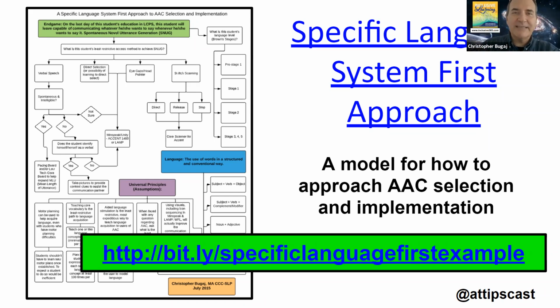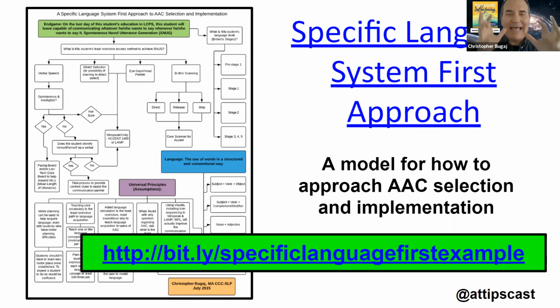Right? No one's saying with the specific language system first approach that it's one size fits all. What people are saying is that it's one size fits most, and we don't have to waste a lot of time picking a tool just to change it again every year. It's meant to say, what if the entire district learned one tool really well? They learned how to model on it. They learned the theory behind it. Would that improve the language output for the vast majority of students?